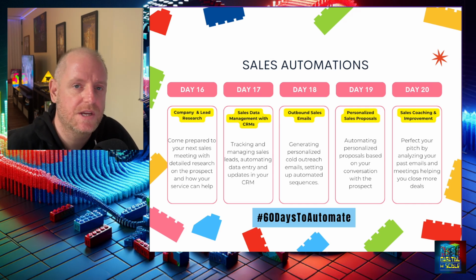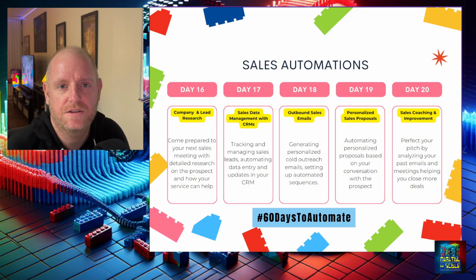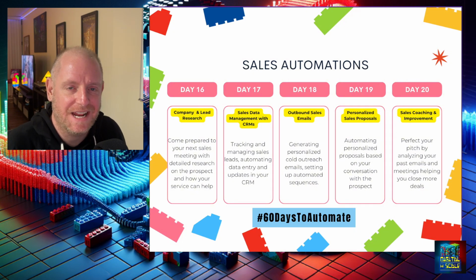And then, of course, how do you get better? How can you use AI to improve your pitches and sales techniques to ensure that you're always getting better? Now that we've created all the content, we're going to have inbound sales, so now you need to know how to close those deals and how to come prepared.